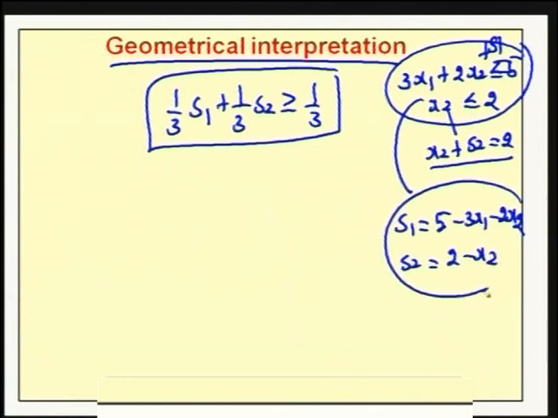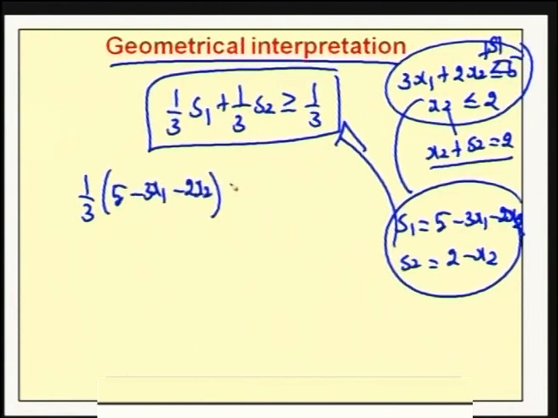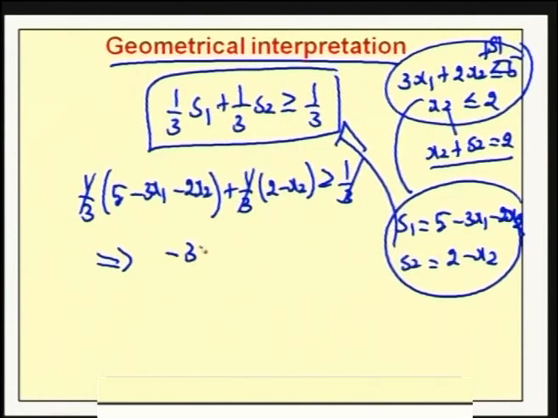Now, by substituting s 1 and s 2 in this Gomory constraint, our Gomory constraint becomes 1 by 3 into 5 minus 3 x 1 minus 2 x 2 plus 1 by 3 into 2 minus x 2 greater than or equal to 1 by 3. Now, by cancelling the 1 by 3 and simplifying, we get minus 3 x 1 minus 3 x 2 plus 7 greater than or equal to 1.